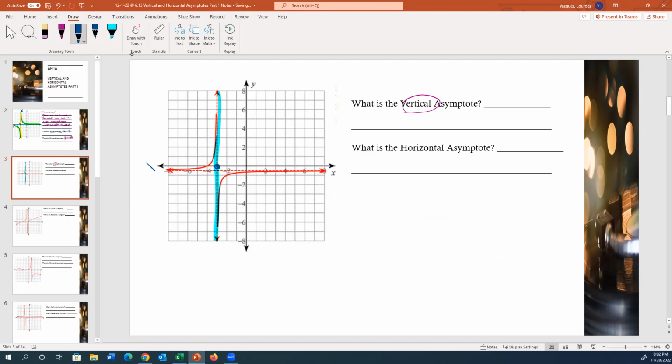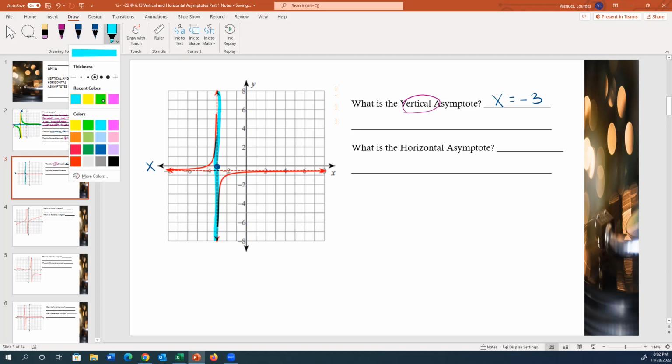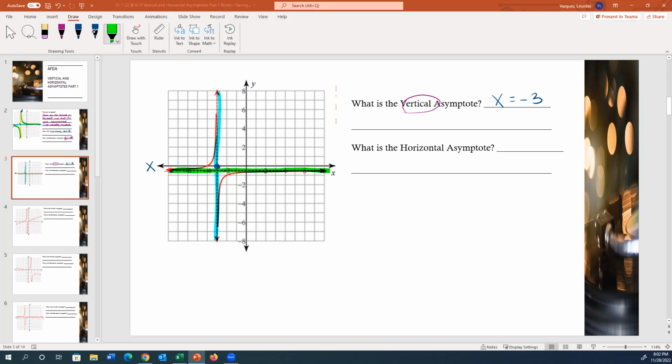So x is equal to what? That's a -3. And now we're going to do the horizontal, which is right here. Of course, that crosses the y at about here. And that one looks like y is equal to negative, maybe 0.5 this time, like a half.